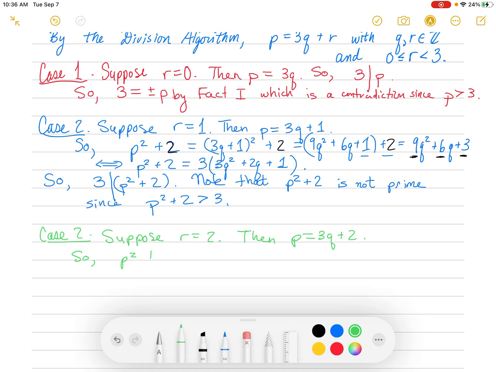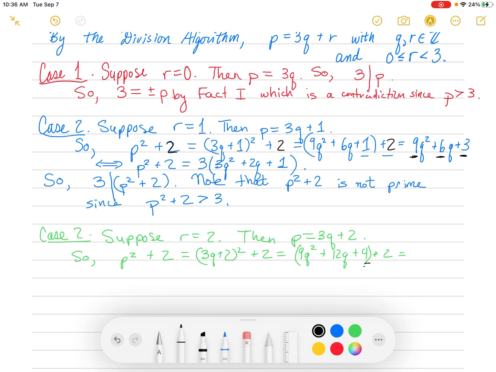So when I look at p squared plus 2 again, this time I'm going to plug in 3q plus 2 for p. So I'm going to have 3q plus 2, quantity squared, plus 2. It's going to FOIL out to be 9q squared plus 12q plus 4 plus 2.